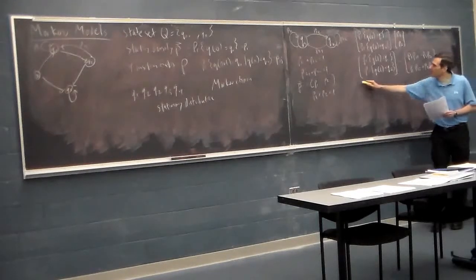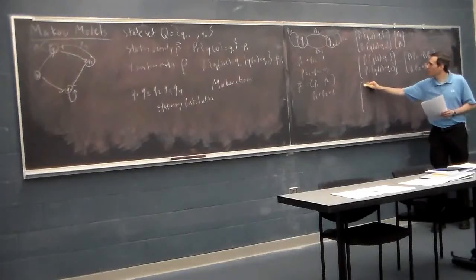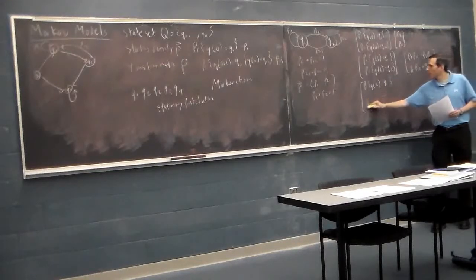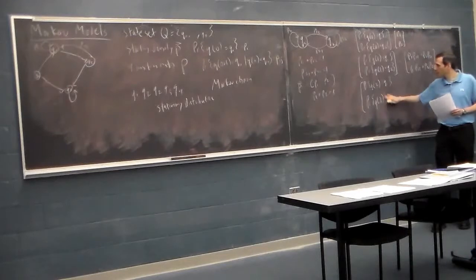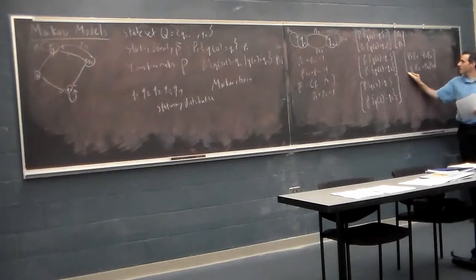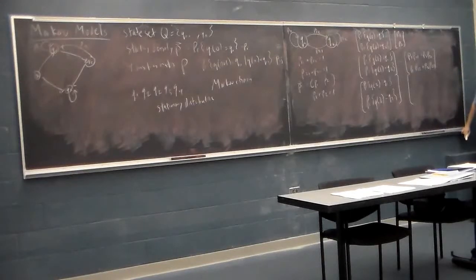Okay, well, let's take this one step further and ask, what is the probability that the state at step 2 is equal to Q1, and the probability that the state at step 2 is equal to Q2? Well, to derive that, we basically do the same thing we just did.